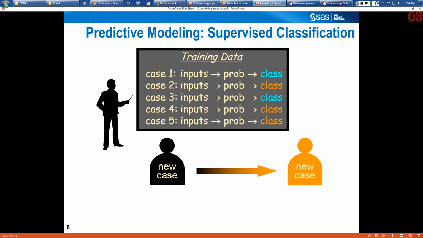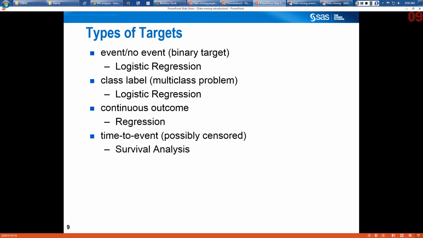And once we have the model, then we'll be able to look at any new case and predict the probability of that belonging to a particular class. There are different kinds of targets: binary targets, multi-class targets, or continuous targets. With a binary target, something happening or not happening is the focus, and the technique applicable will be logistic regression.